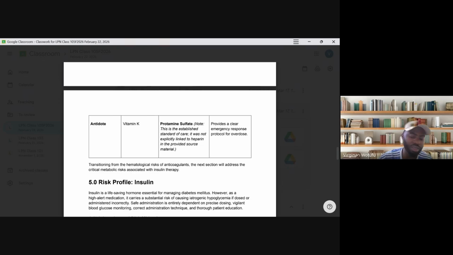So it's a high-alert medication that if it's not consistently monitored, if you don't monitor the administration and the time, you run the risk of hypoglycemia. Over-medication is the primary reason for hypoglycemia in diabetic patients.